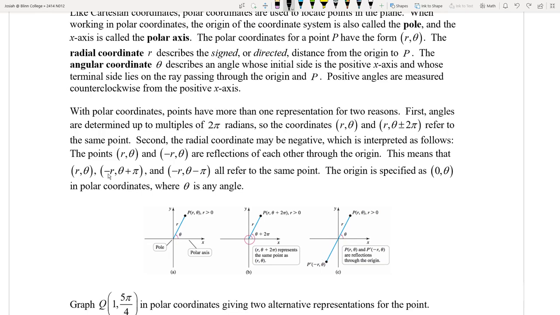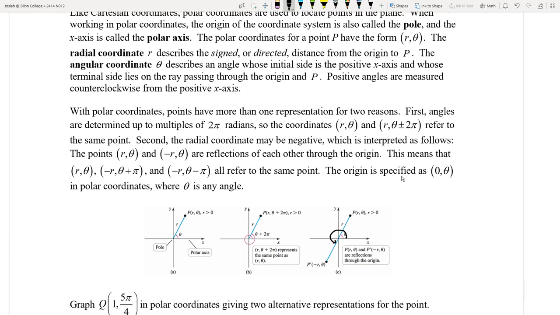So what that means is if we were to instead go all the way around this way and then have a negative r, we would end up reflecting back up to our P here, which means that, as it says here, r, theta, negative r, theta plus pi, and negative r, theta minus pi will all refer to the same point.